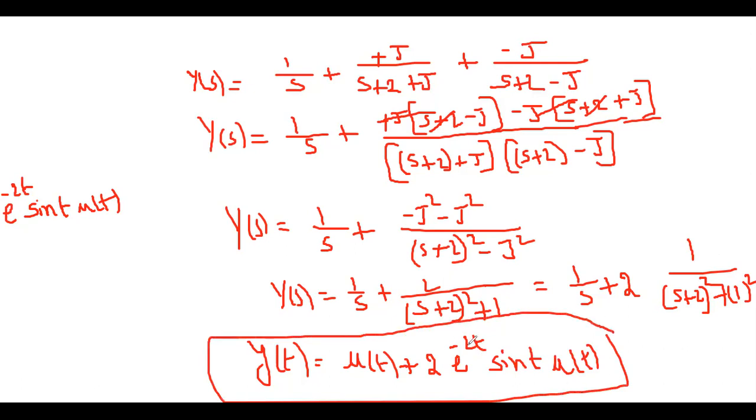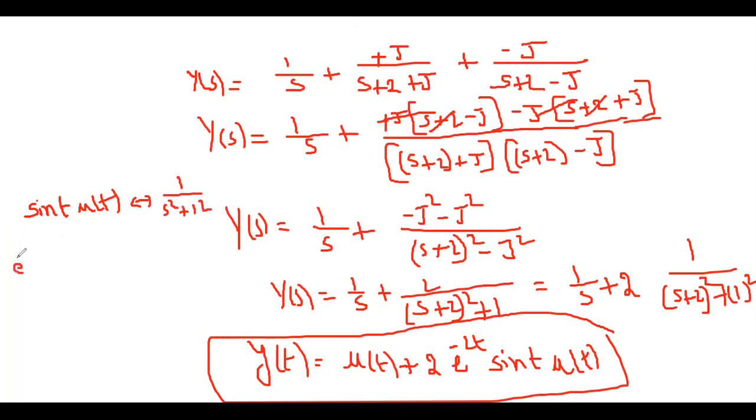Why I multiply the e power minus 2t? S plus 2 is there. Whenever it is s square plus 1 square and 1 is there, that is sine omega t only, not the sine t mu of t. What is the sine t mu of t? The Laplace transformation is 1 by s square plus 1 square.